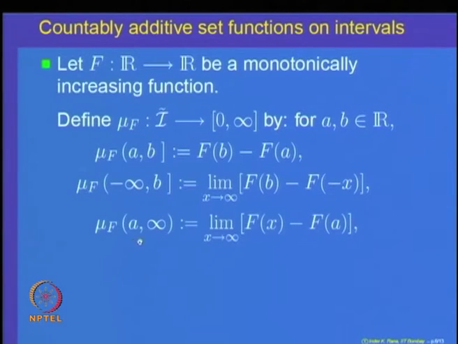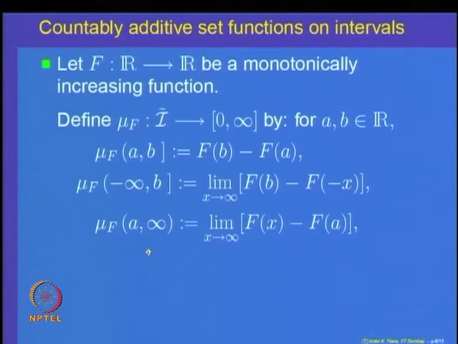Similarly, on the right side, for a to infinity, we take the interval a to x, closed on the right. The value of that will be f of x minus f of a, and now take the limit of that as x goes to infinity. So, for the infinite interval unbounded on the right side, left open right closed, a to infinity is defined as the limit as x goes to infinity of f of x minus f of a.